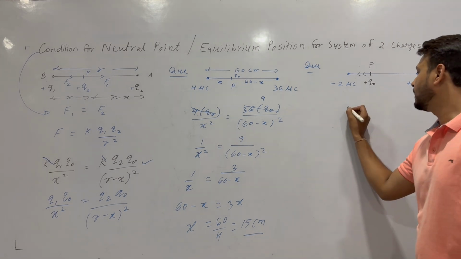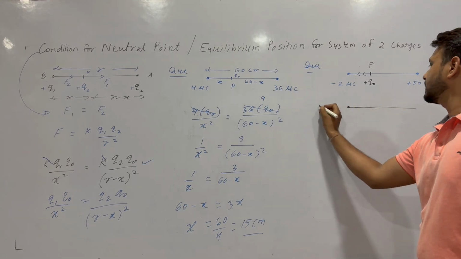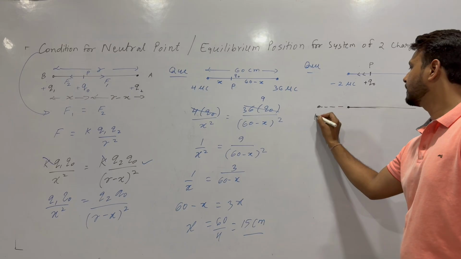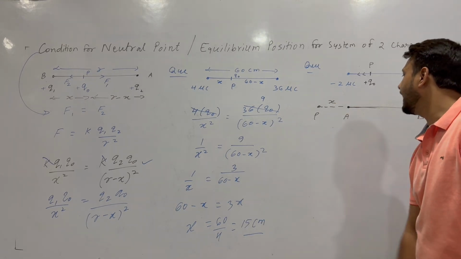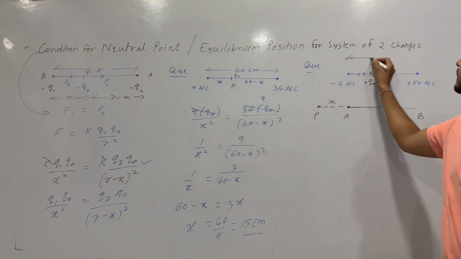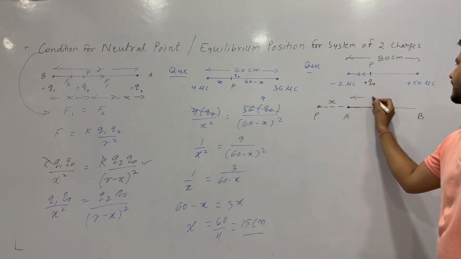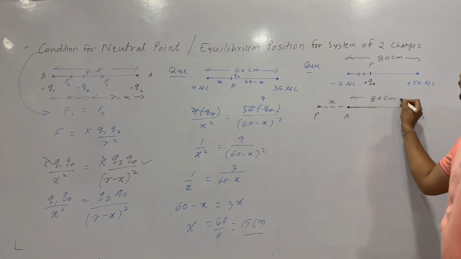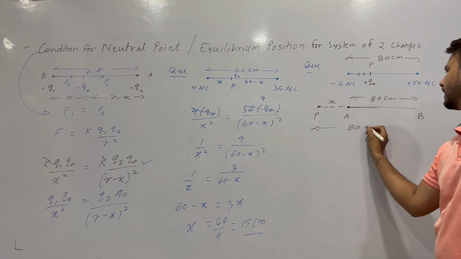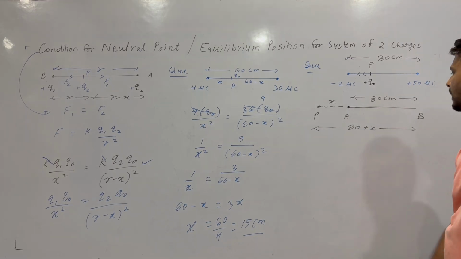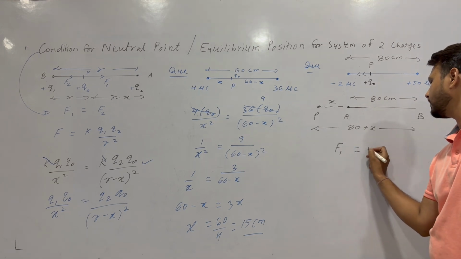So for this, we will take the point on the extended line joining these two. Let's say at this point P is the neutral point, and let's say the distance from the smaller charge is X. Now the distance between these two charges is 80 centimeter. So the distance from the other charge to P will be 80 plus X. Now again, using the same concept, F1 is equal to F2.